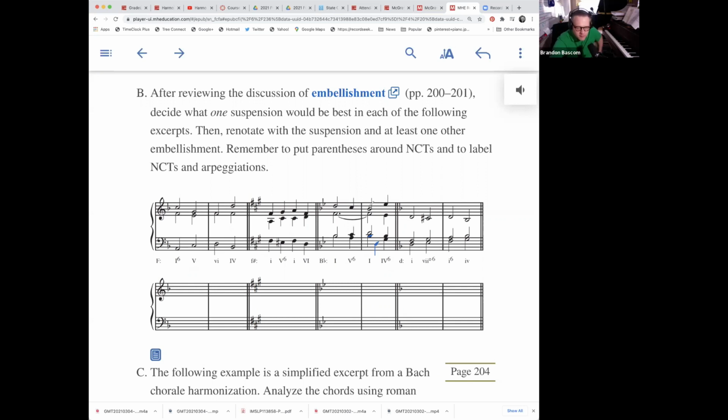They make this a C, and they make this a B flat. Do you get the idea of what we're doing?